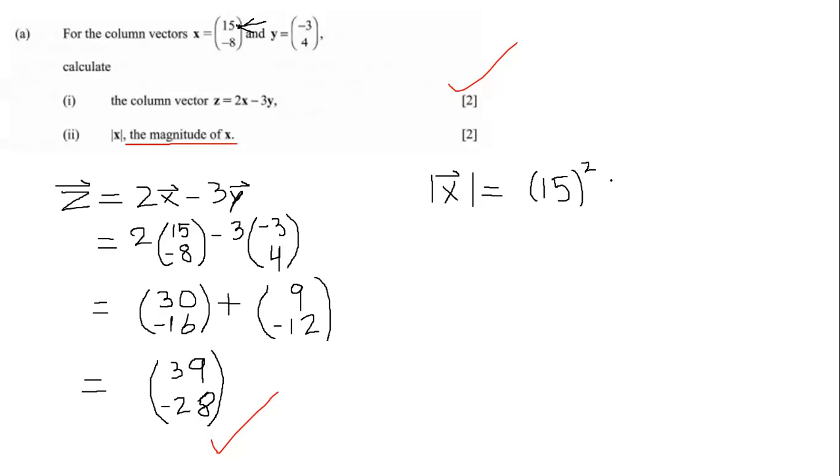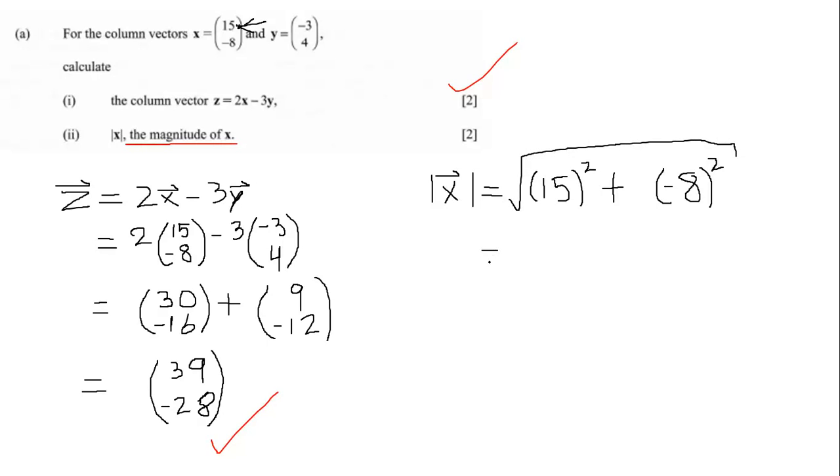Then we consider -8 squared, which is simply -8 multiplied by -8. We add them, and then we must take the square root. This is how we find the magnitude of x.